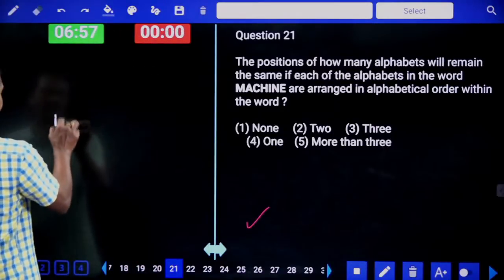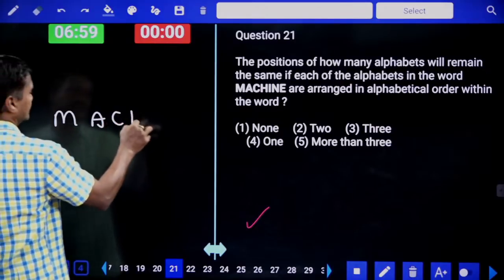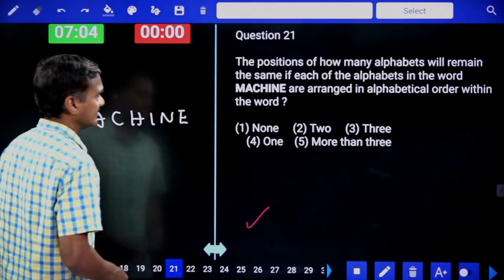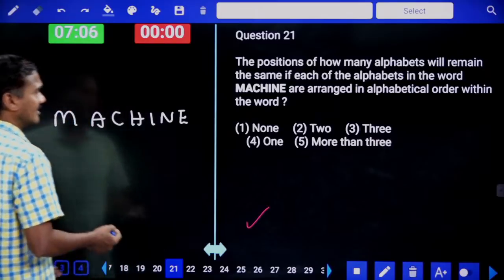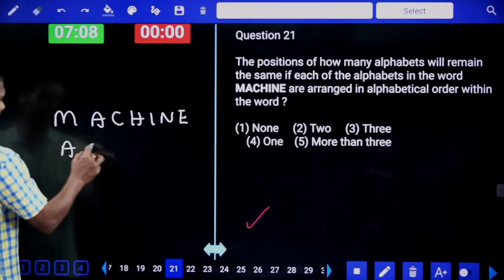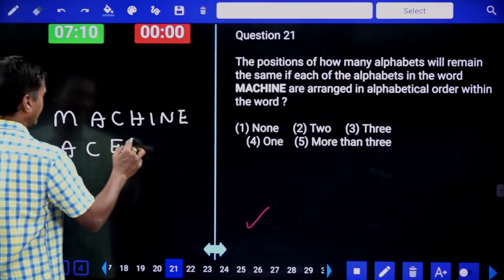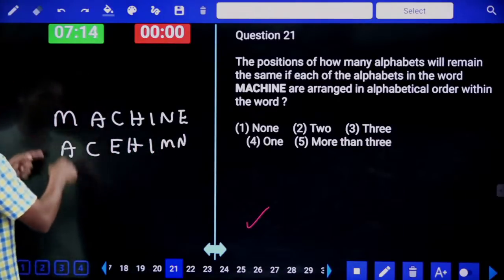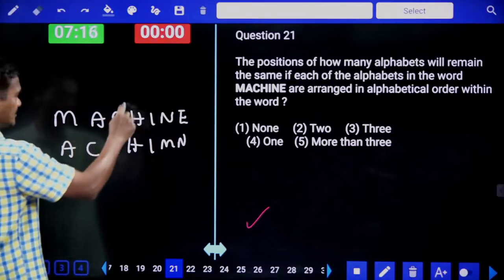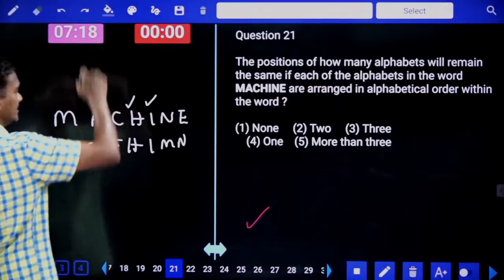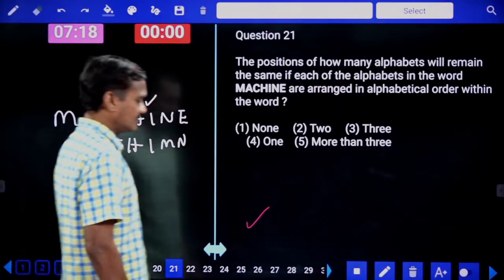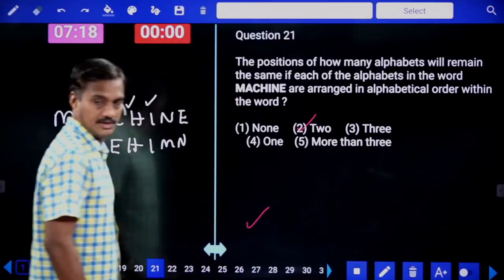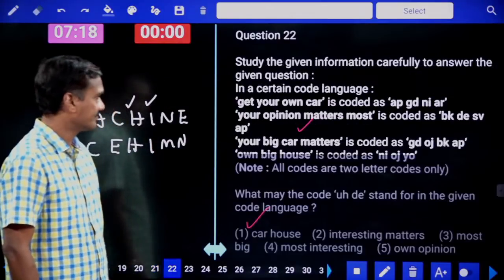Now the word machine, M-A-C-H-I-N-E. Now the positions of how many alphabets will remain same if each of the letters in the word are arranged in alphabetical order. Alphabetical order, this is A, C, E, H, I, M, N. Now tell me how many letters remain at the same place here. M, A, A, C, C, H, H and I are the 2 letters that remain at the same place. And 2 that is given in choice 2. Question number 21, it is choice 2.